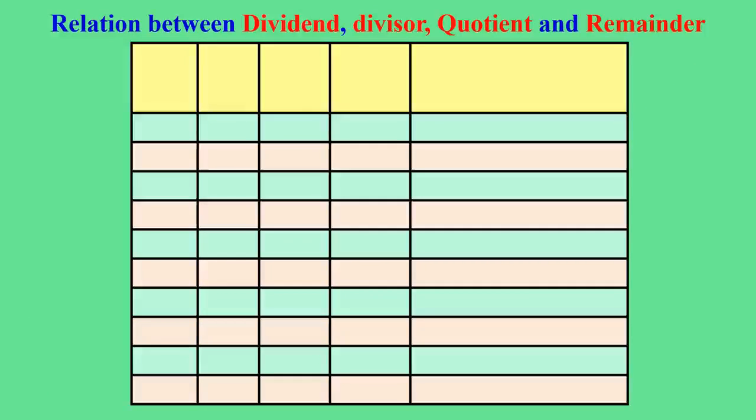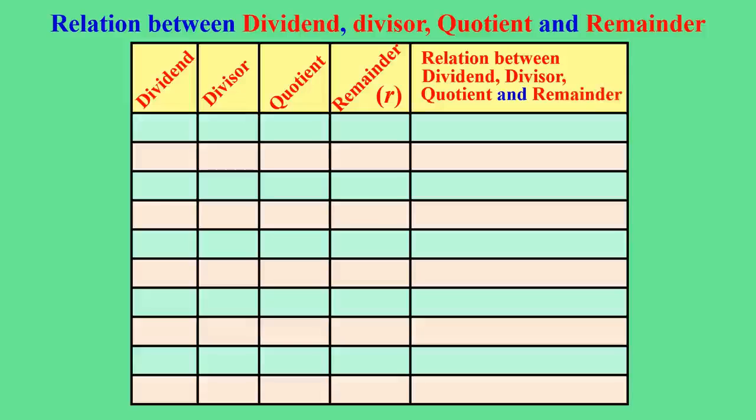Relation between dividend, divisor, quotient and remainder. If 7 is the dividend and we divide by 2, the quotient is 3, remainder is 1.